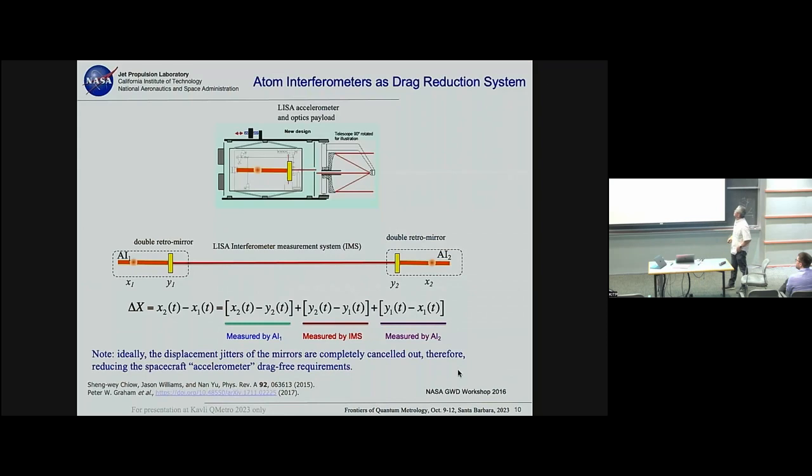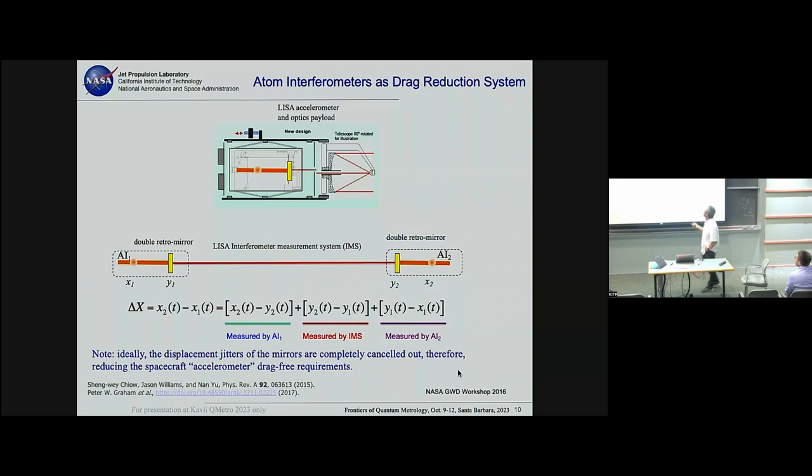And in fact, drag-free requires a lot of fuel. That's the typical limitation of the lifetime of such a mission: the fuel consumption for drag-free flying. And if you have two test masses, one on each side, and you run the atom interferometer, you basically measure the motion between this reference mirror and the free-fall atoms, and the same on this side, and between the two mirrors you use standard laser ranging.